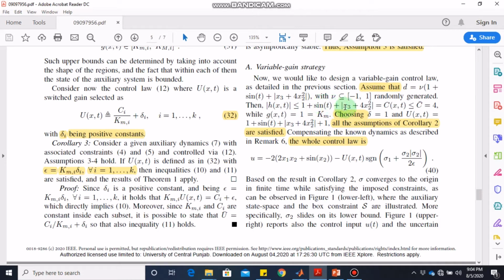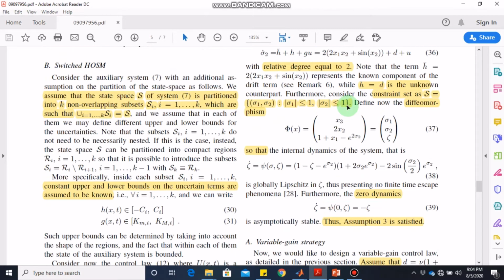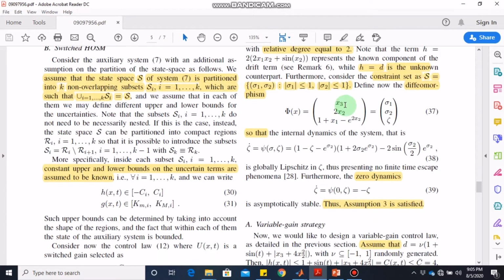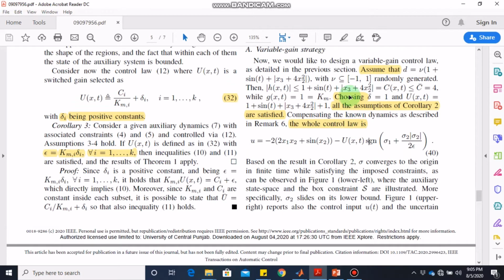Then this x3 is basically sigma 1, and for sigma 1 we have defined the constraint that sigma 1 cannot be greater than 1, and sigma 2 can also be not greater than 1. So if you look closely, this x3 is sigma 1, and this 4x2 square is basically 4 sigma 2 square.